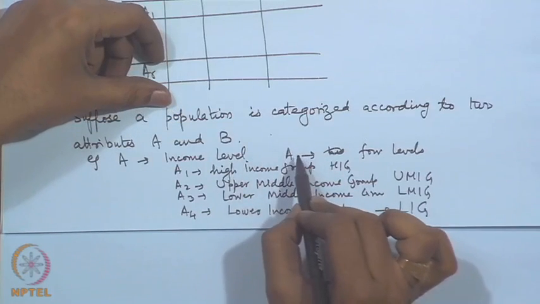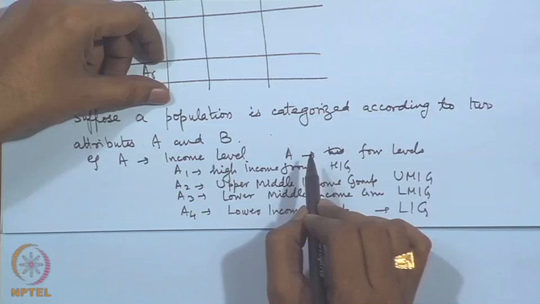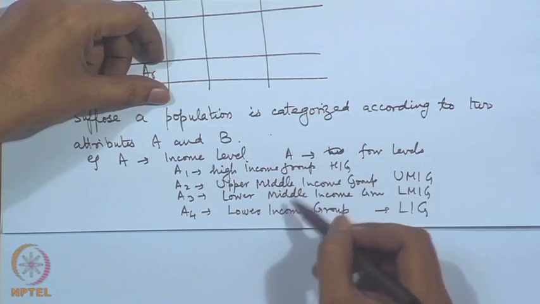So, I am dividing the population into 4 groups according to the attribute which is income level.